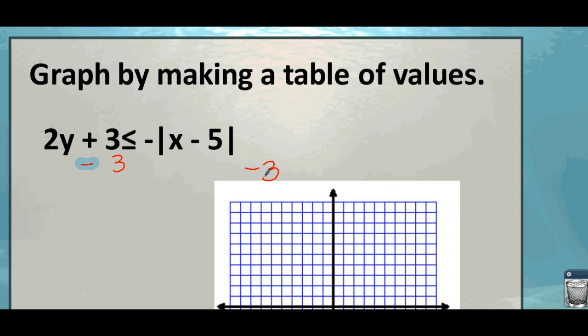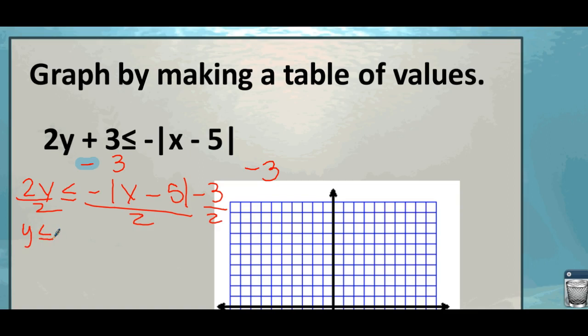And then divide everything by 2. That makes this equation y less than or equal to, dividing that absolute value by 2 is kind of like identifying a slope of -1/2. Like, it's not inside, it's outside, or in front.